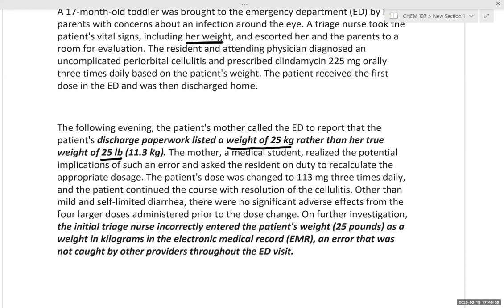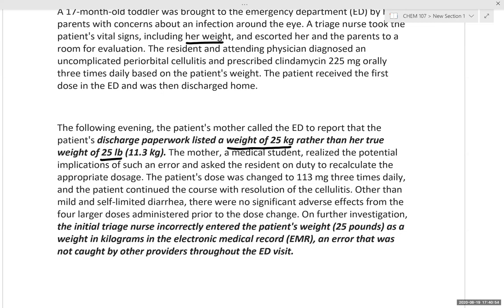Now, why is this an issue? Because the weight was entered incorrectly, that changed the dosage. And this resulted in the patient receiving an excessive dose of the antibiotic.